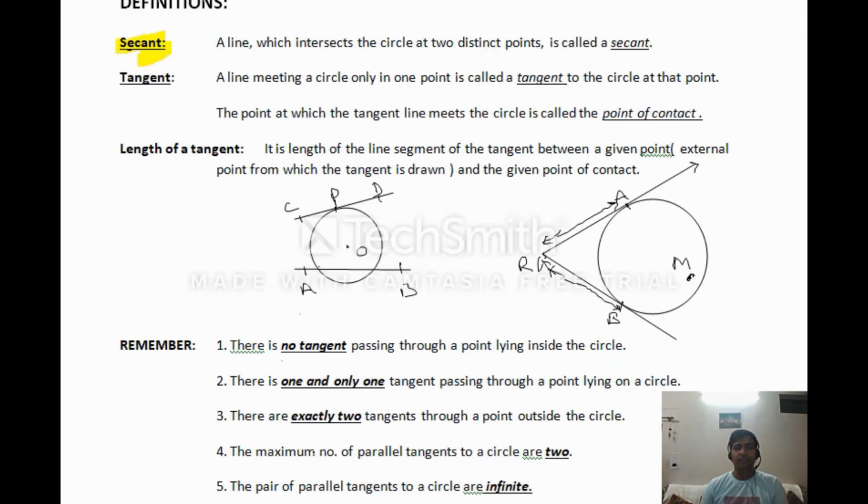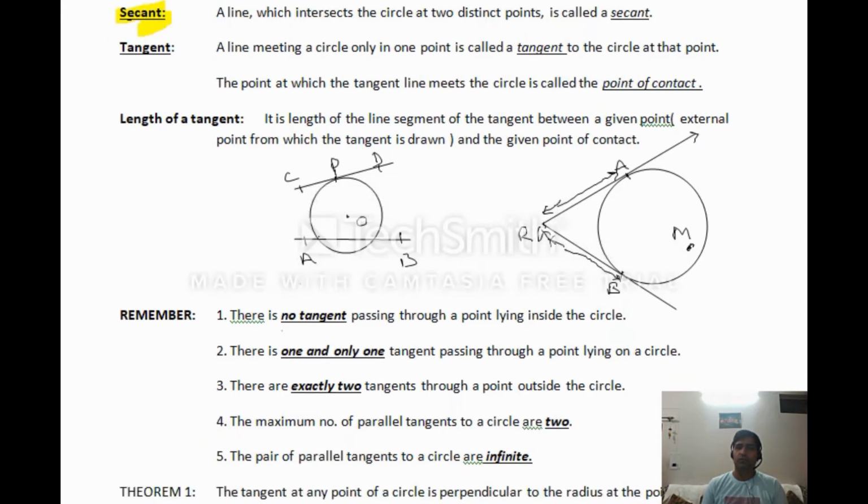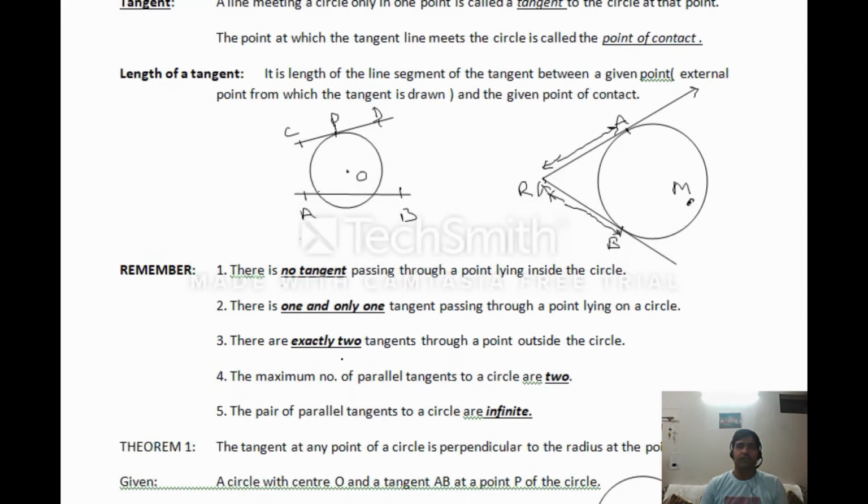Okay. Now the fourth is the maximum number of parallel tangents to a circle is 2. What does it mean? Look at this. Say one tangent is this CD. How many more tangents parallel to this CD can you draw?